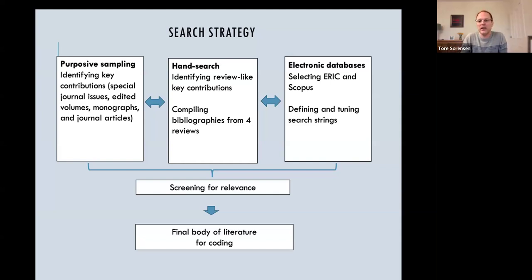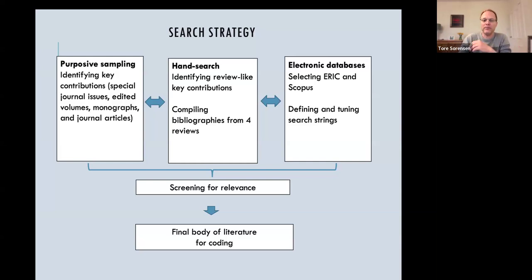So we have three components: purposive sampling, based on our knowledge of the field; hand search, as it's called, where we looked at lists of references, compiled those, and included those in the screening; and then also electronic databases, where we chose two different databases. And again, this was quite a big review that took several years.